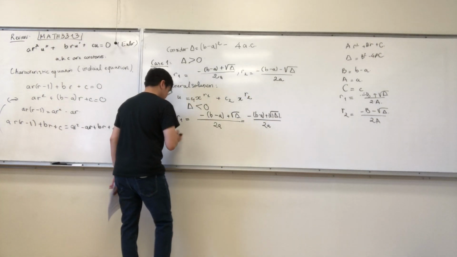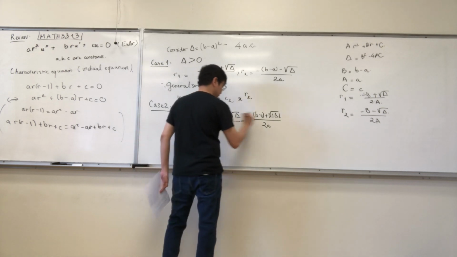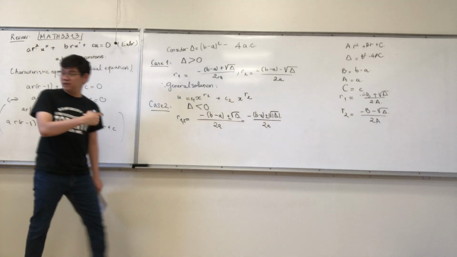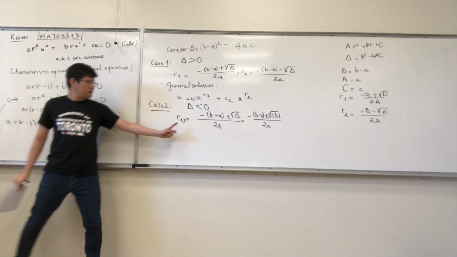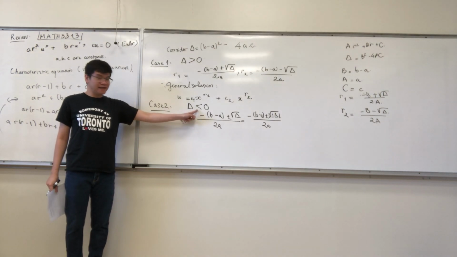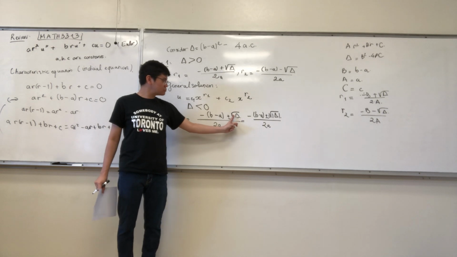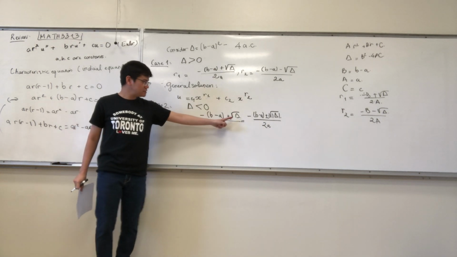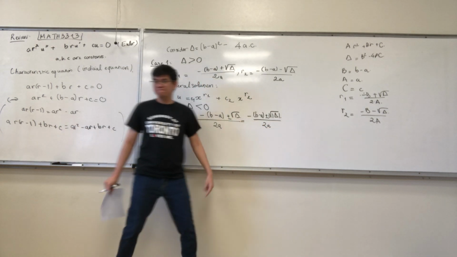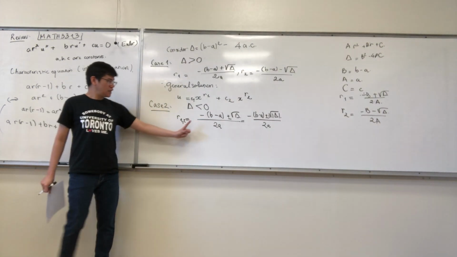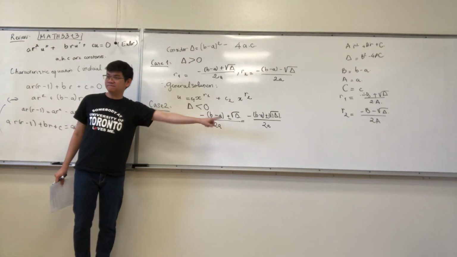All right, and then r2 will be the minus part. So I put plus and minus, right? So when delta is negative, you still have to take the square root of delta. All right. So when you take the square root of delta, delta is negative, you get i square root of delta. You have two roots, so I put plus and minus here, right?